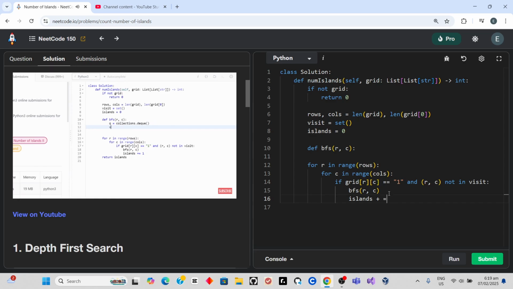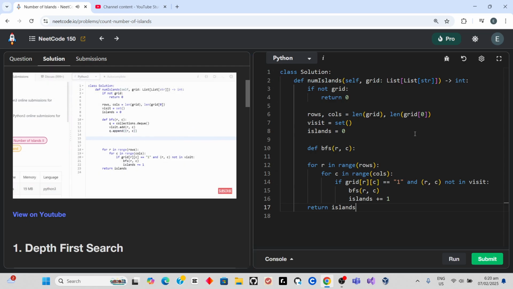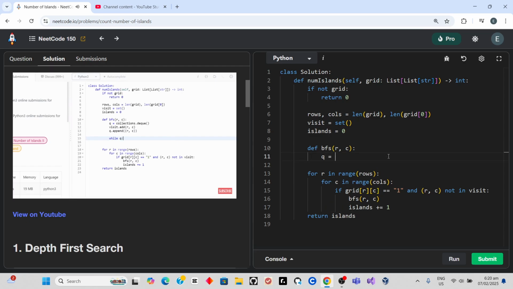So we want to mark this position visited as well. So to visit, we're going to add this cell that we're about to use our traversal on, RC. We're also going to add it to our queue. And so while our queue is not empty, that means we're going to be expanding our island.